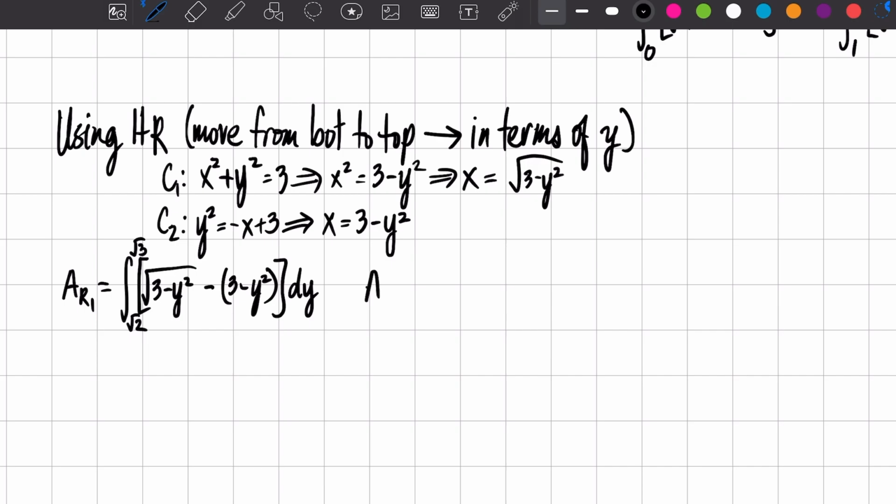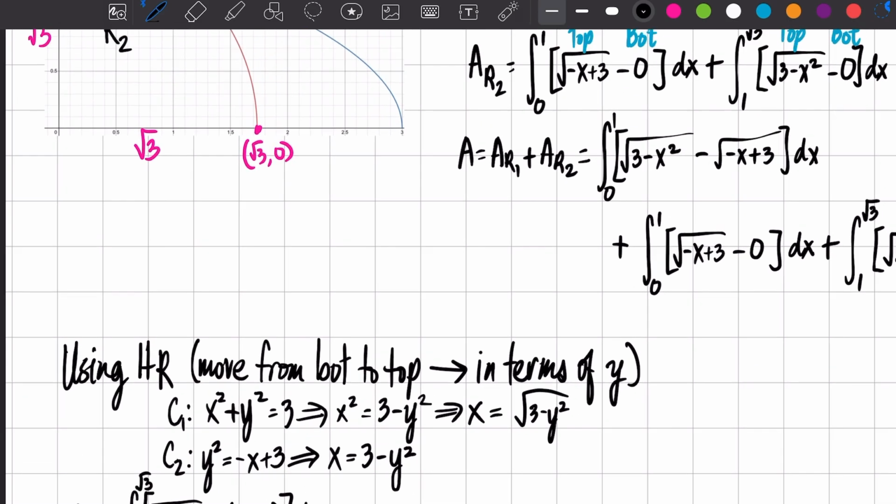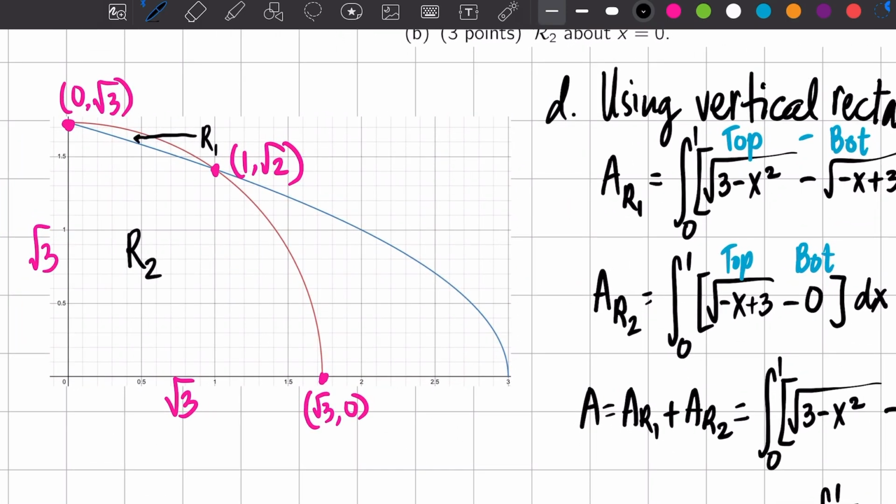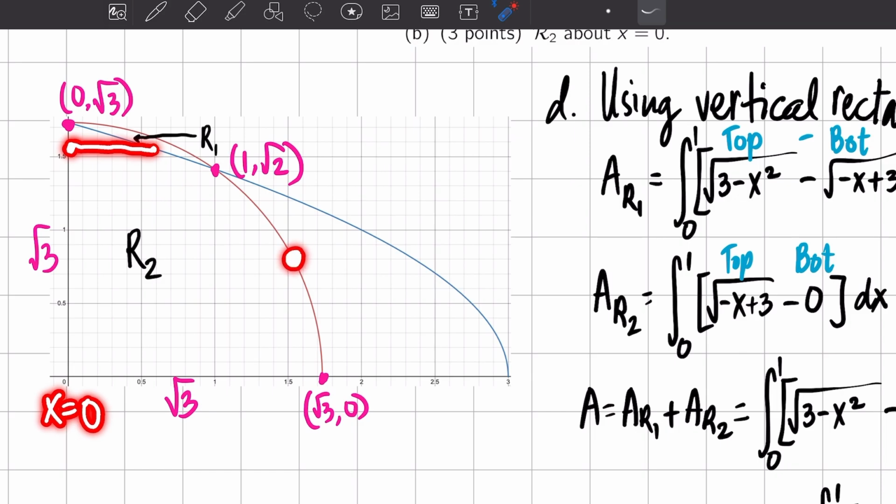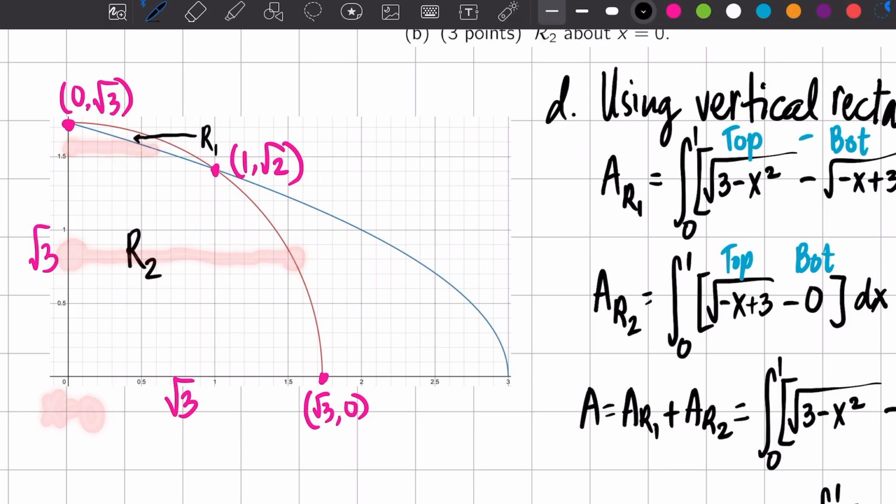And for the second region, again, there are two cases. First one is this one right here, where your right curve is the blue curve and your left curve is the y-axis with equation x equals 0. For this one, the right curve is the red curve and the left curve is x equals 0.